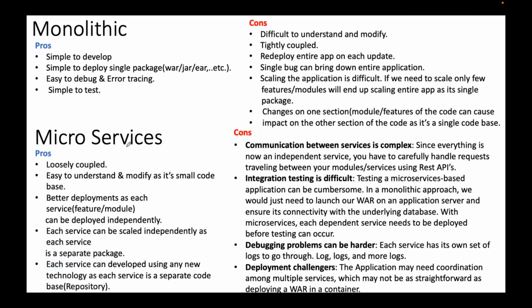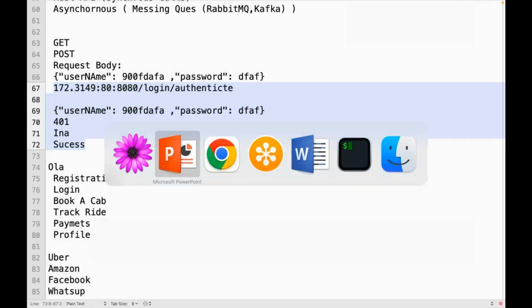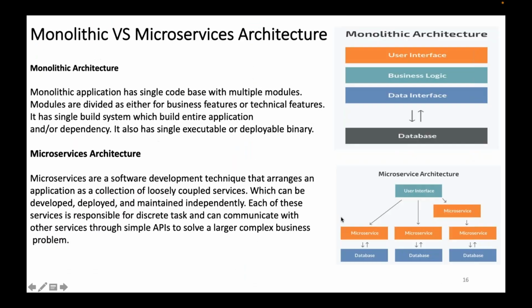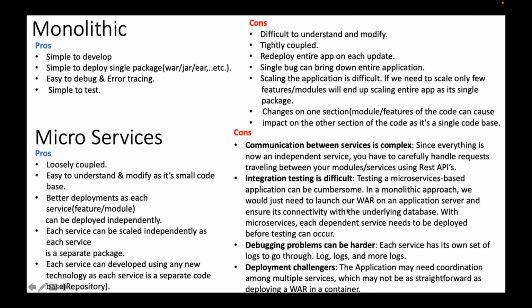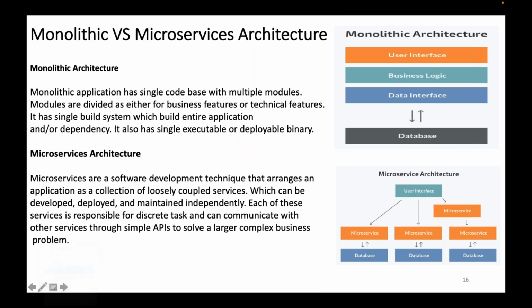Now let's say there is a change in the registration. Without bringing down the other microservices, can I bring only the registration down? There is a change in the registration microservice. Without stopping the other microservices, the servers or the containers, can I stop only this application and redeploy only the registration application?